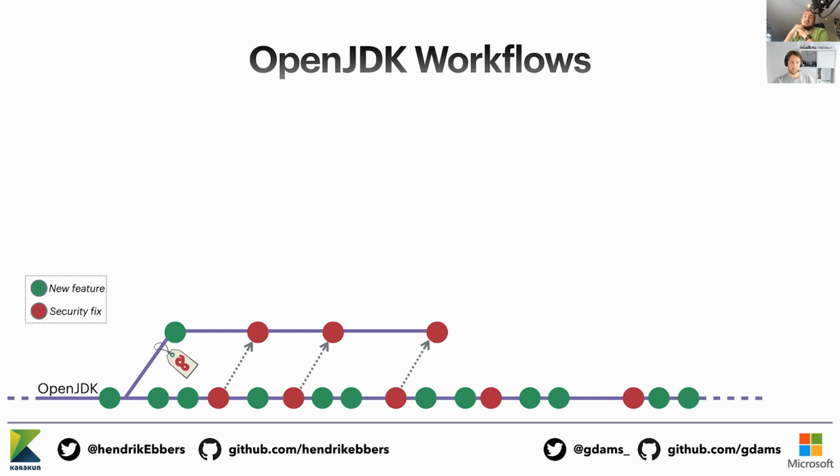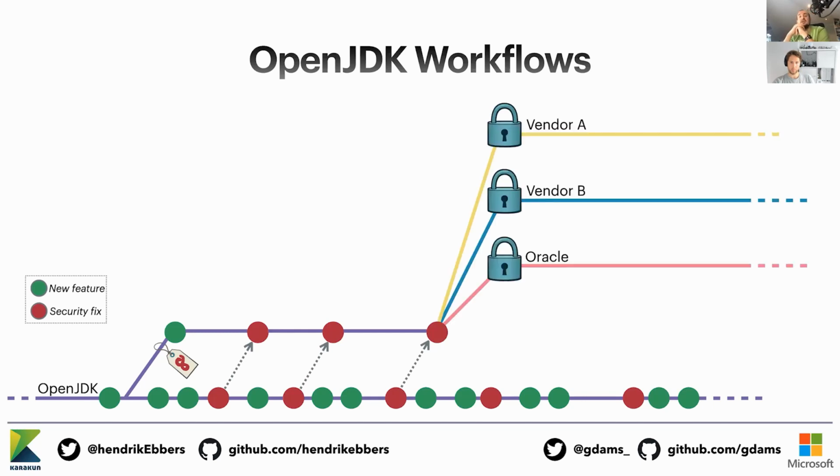And this is where companies come in and provide commercial LTS support. And what those companies are doing in such a case is that they, let's say, copy the sources from the OpenJDK into a private repository, and then internally in those private repositories continue to work on the Java version. In this case, for example, Java 8. So this is not only Oracle, there are a lot of vendors who do this.